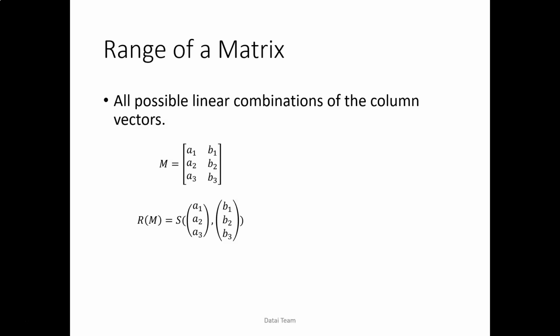We have A1, A2, A3 and B1, B2, B3. Those are basis vectors, and any vector that we can create with those two vectors is in the span of this matrix. And this is how you write the range. We have range of M is the span of those two vectors.